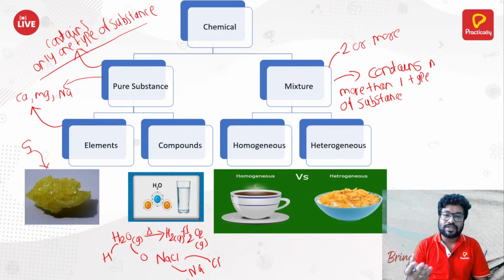Oil plus water is a heterogeneous mixture. Sand plus water is a heterogeneous mixture. The one you are seeing here, cornflakes plus milk, is also a heterogeneous mixture. These are some of the examples of homogeneous and heterogeneous mixtures.